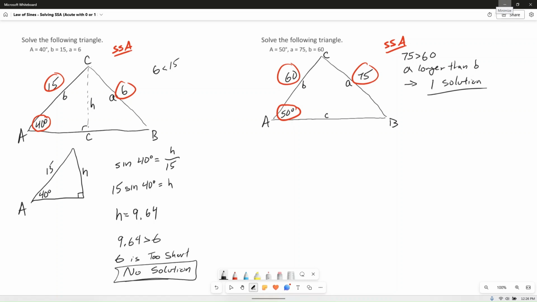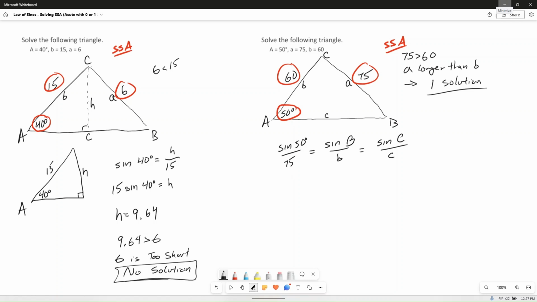Okay, so we're going to start. We can look at our proportions. So sine of A over A has to equal the sine of B over side B, and that has to equal the sine of angle C over side C. And we can go ahead and plug in the values we already have. So I know angle A is 50 degrees, and I know side A is 75.